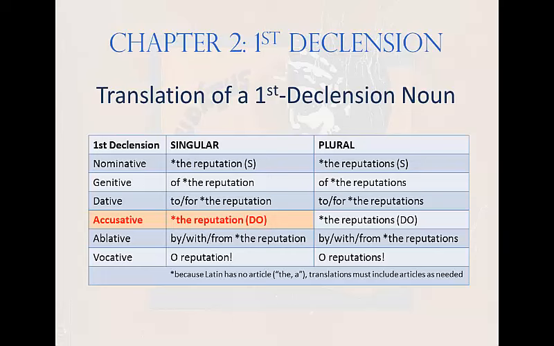The ablative fama is best translated as by, with, or from the reputation, but in reality will most often serve as the object of a preposition. The vocative is translated as O reputation, saying which is a sign of certifiable insanity.